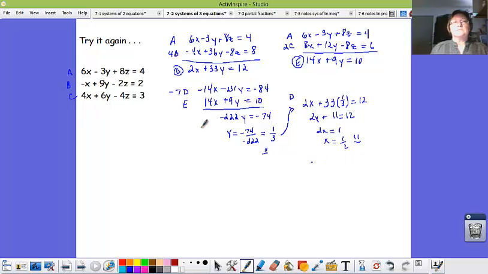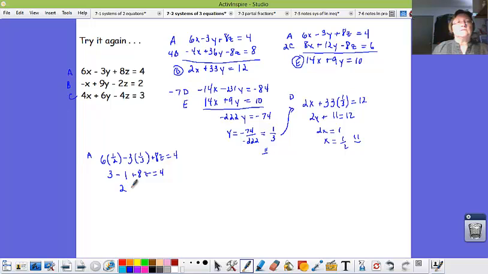All that's left is to substitute both of these back into one of the equations. I'm going to put that into, I guess, equation A. It does not matter to me. 6 of the x's, which are 1/2, minus 3 y's, which are 1/3, plus 8 z's equal 4. 6 times 1/2 is 3. 3 times 1/3 is 1, so minus 1 plus 8z equals 4.